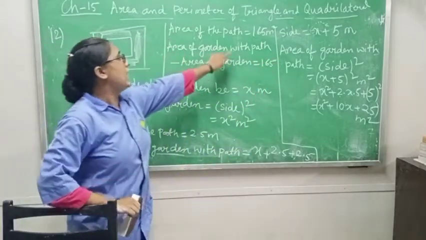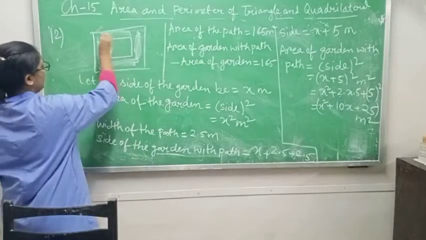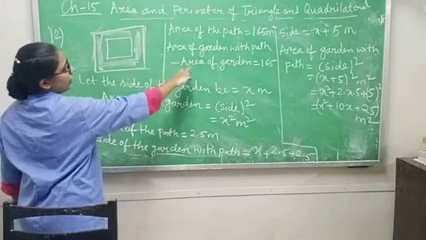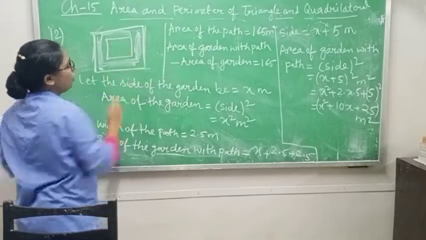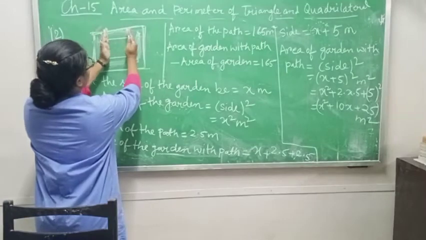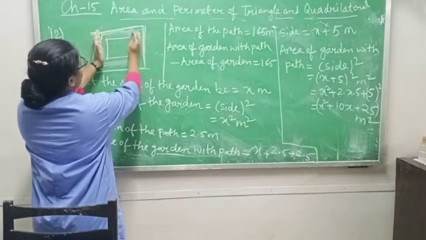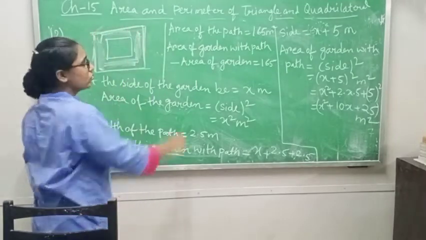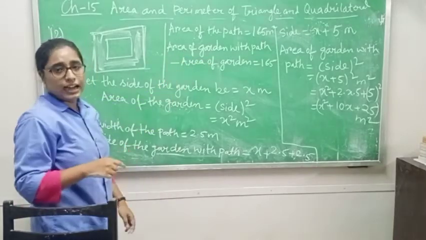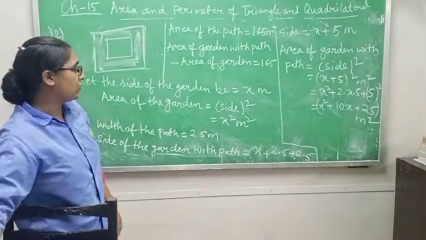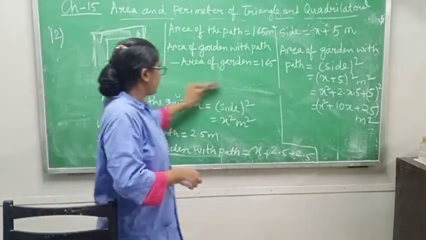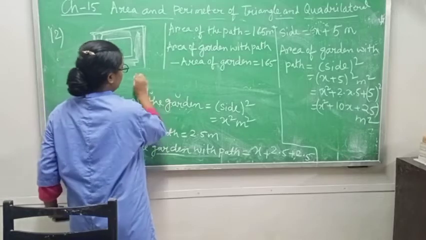Area of garden with path means we are getting the full area. And area of garden means this one. So class 9, if I subtract this small garden from the full area, we will get the area of the path. So that is why I am writing area of garden with path minus area of garden, which is given as 165 meter square.